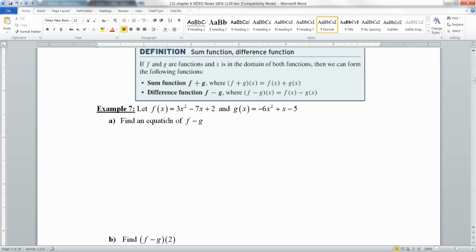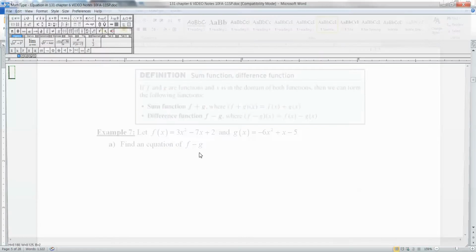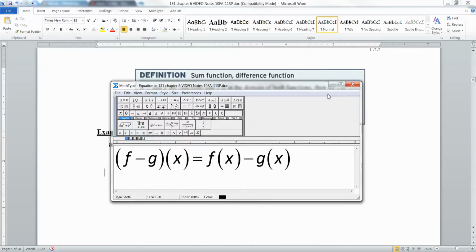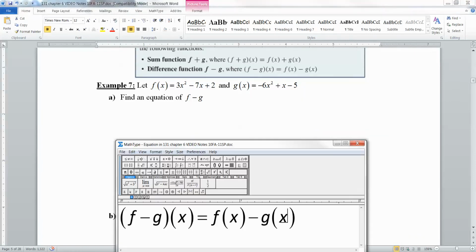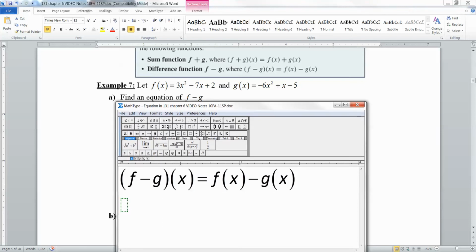Okay, so we're going to find an equation for f minus g, and here's f and here's g. So f minus g is really f minus g of x, which is really f of x minus g of x. Okay, so let me grab my functions here so I can see them. All right, so I want to take f of x, which is equal to 3x squared minus 7x plus 2.